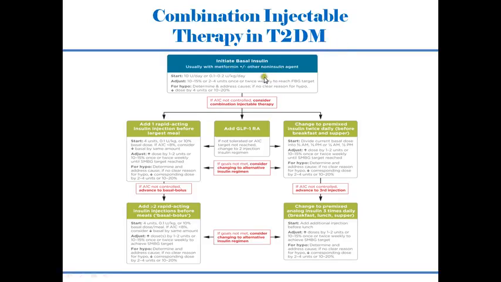So you start with the basal insulin with metformin or another non-insulin agent, and if HbA1c is not controlled, you add a rapid acting insulin, the insulin which controls the prandial sugars, that is the sugars rising after taking food, or you add the GLP-1s, or you can change to pre-mixed insulin, a mixture of rapid acting insulin and long acting insulin.